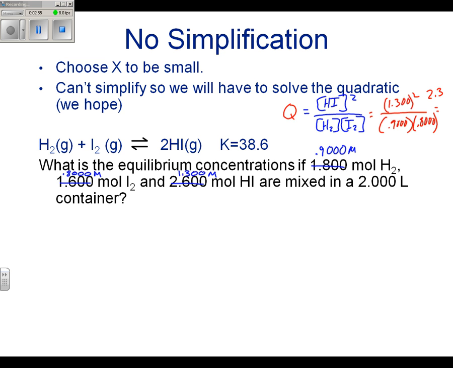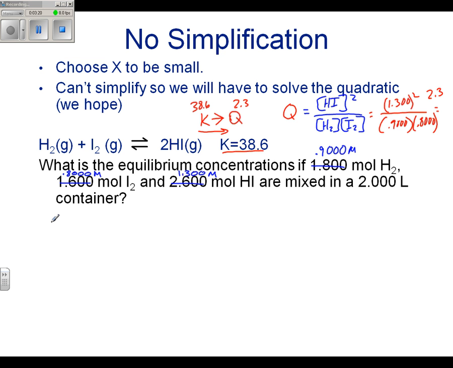Now, if we compare K and Q, and if you write it this way, it tells you which way it's going to shift. K is 38.6, and that's because they tell me this here. Q is 2.3, and so K is bigger than Q. That means the reaction is going to shift this way. So the change is going to happen. It's going to make more product, and that's going to help me figure out where to put X.